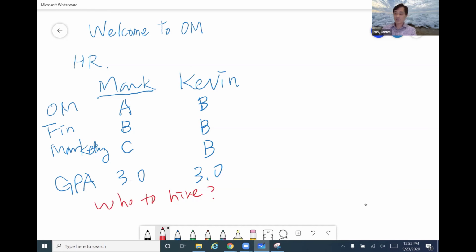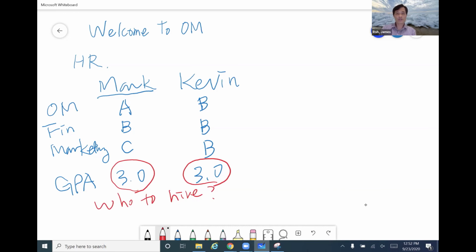But what I want to show you is that although the GPA is the same, there is a variance from the standard deviation, right? So although you have the same GPA, that does not mean these two persons or two processes are the same. But we usually go by average and we don't pay attention to variance.